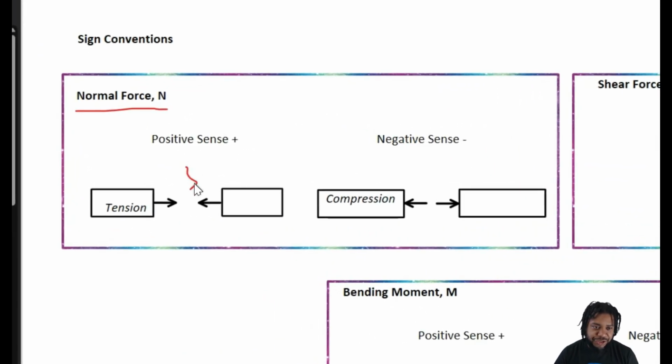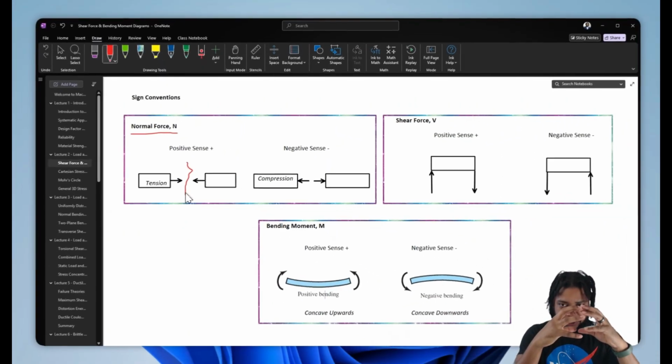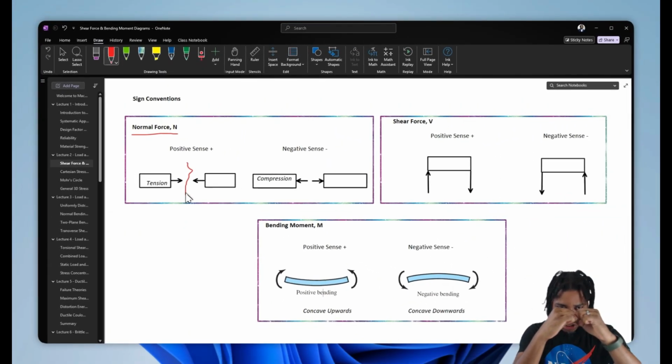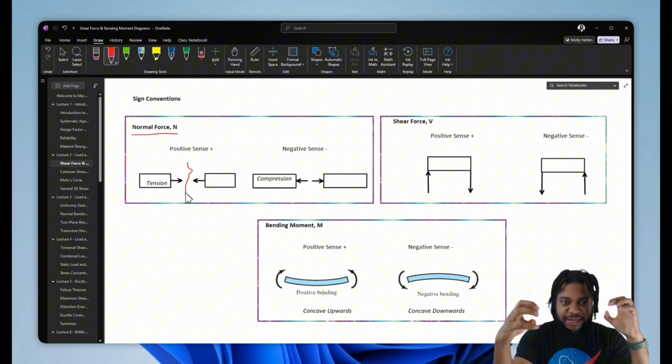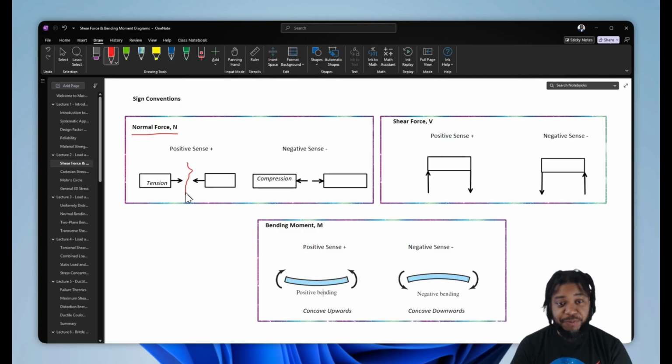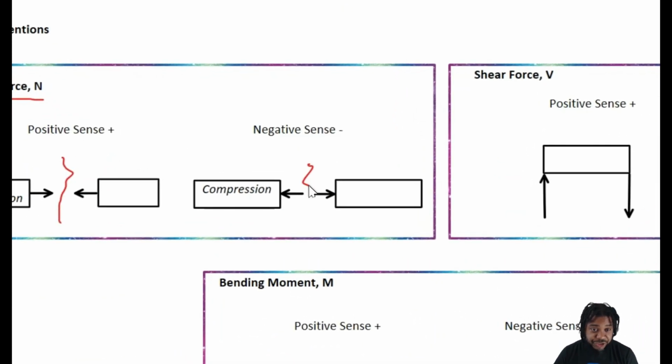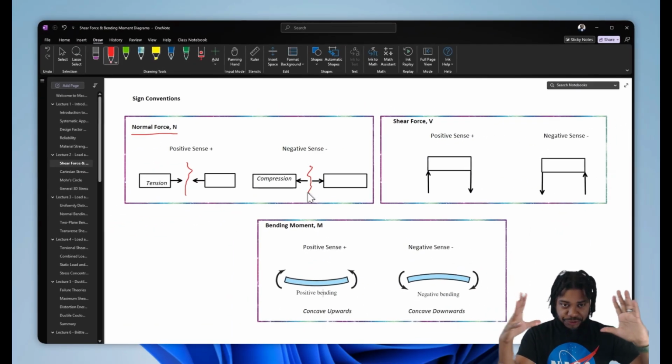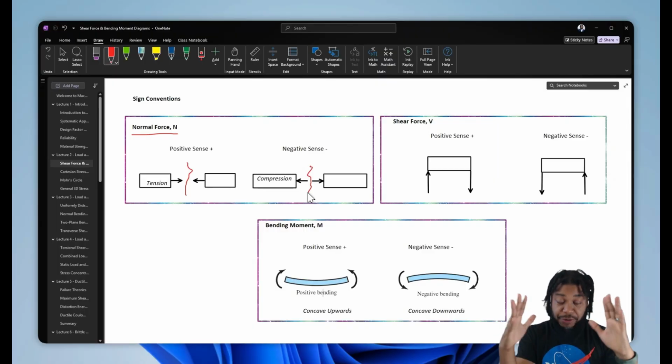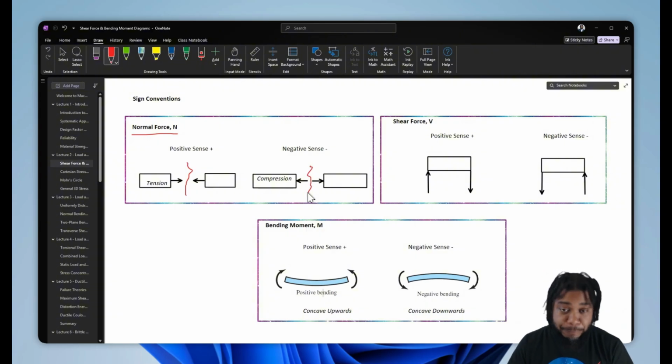So if you were to section your body, if there is a force that is exposed that's going to make it stretch on each side of the section, then that is positive normal force. While if we were to section our body and there's a force that's going to make it squish or compress down, then those are negative or compressive normal forces.